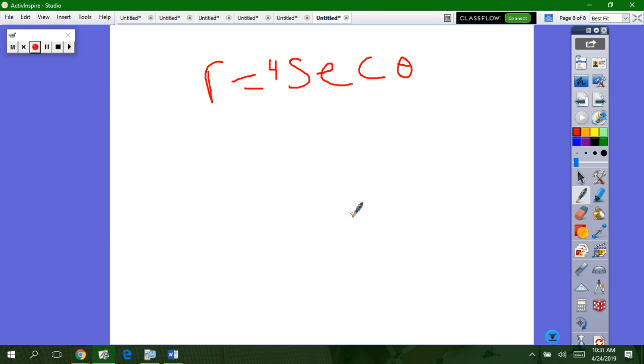So right now we're in polar. What do we want to do? Put it in rectangular. And putting it in rectangular means I only want x's and y's, right?